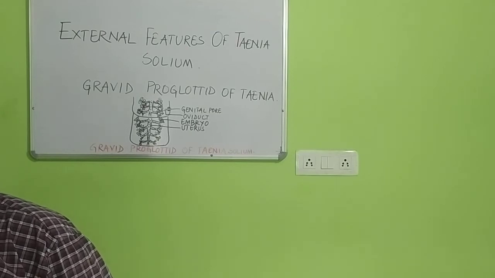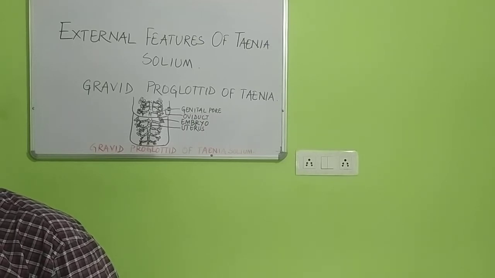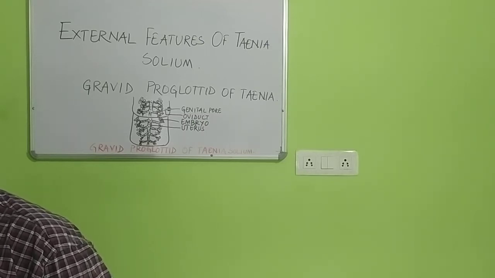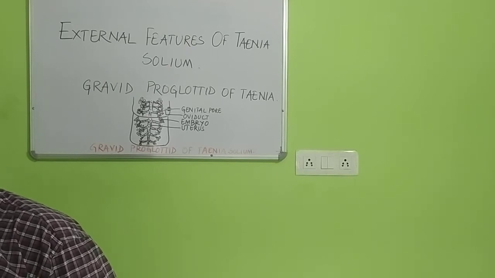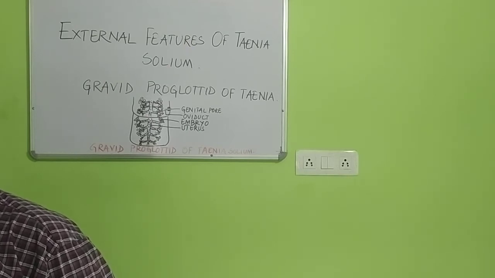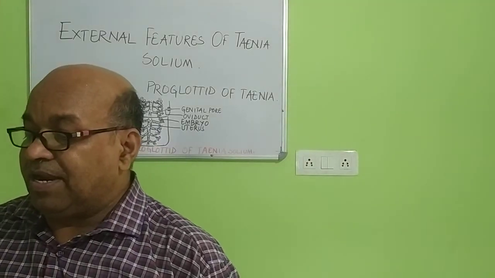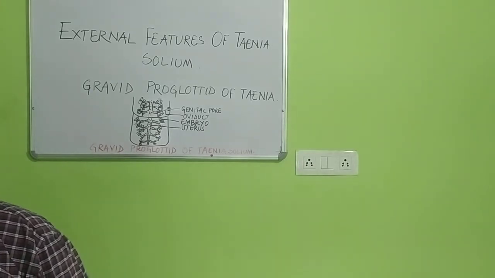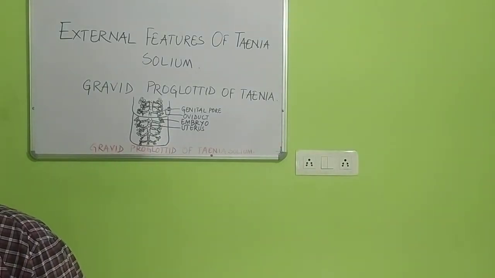After fertilization, the eggs are called fertilized eggs, and they are laid in numerous numbers. Due to the excessive growth of the eggs, the uterus becomes branched to accommodate them. The greatly elongated and branched uterus occupies the whole interior of the segments.